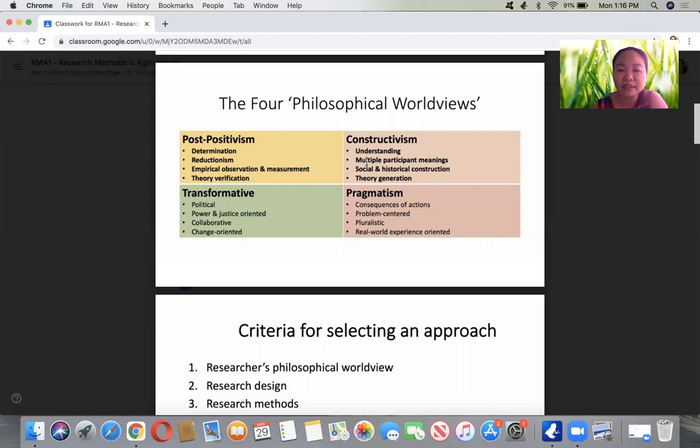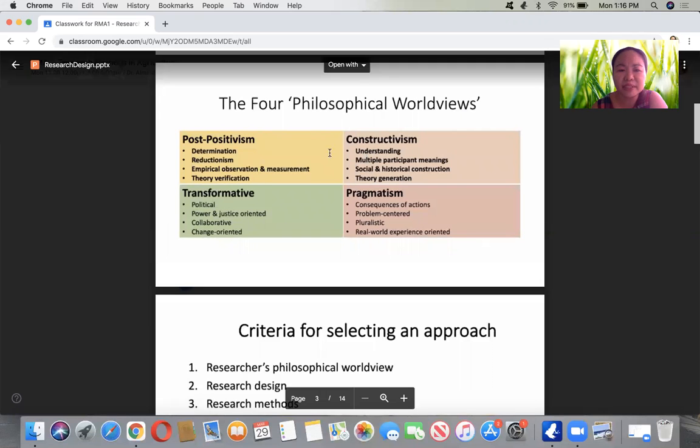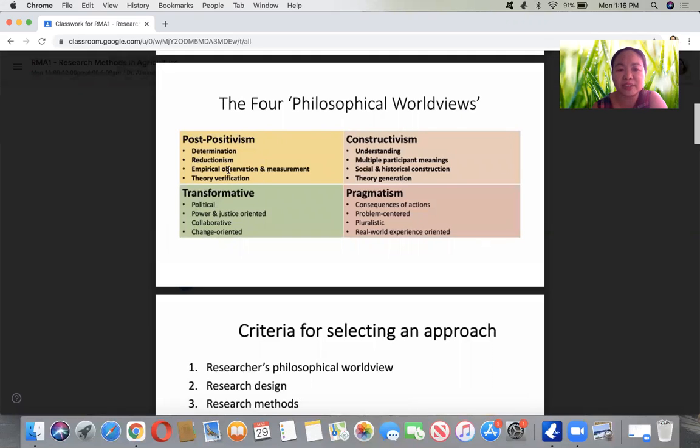For constructivism, it refers to understanding multiple participant meanings, social and historical construction, and theory generation. You can see constructivism is very different from post-positivism, shifting from theory verification to theory generation.